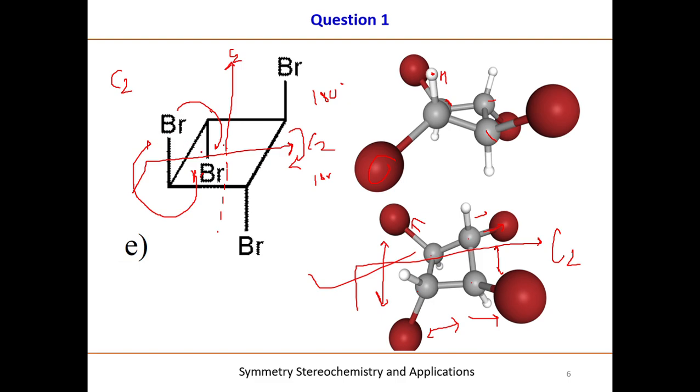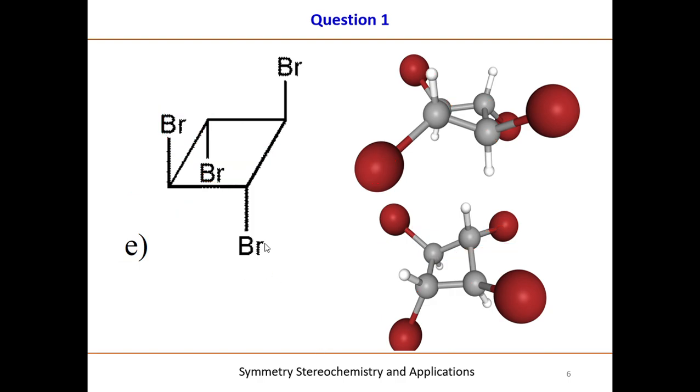Because the position of the bromine will remain the same, up here we will get upside bromine and here we will get downside bromine. The atom is changing, but we are getting the same image as the original one. That's why we will consider this C2 axis also, and that means we have the second C2 axis perpendicular to the first one. How many C2 axes?